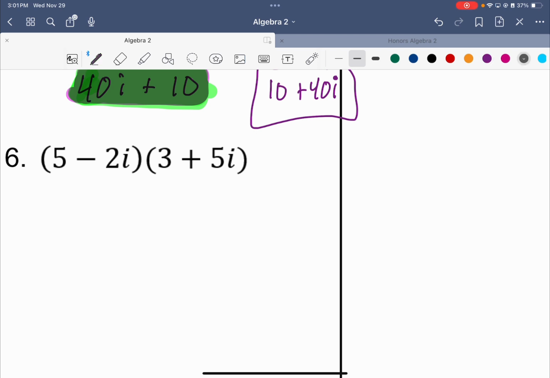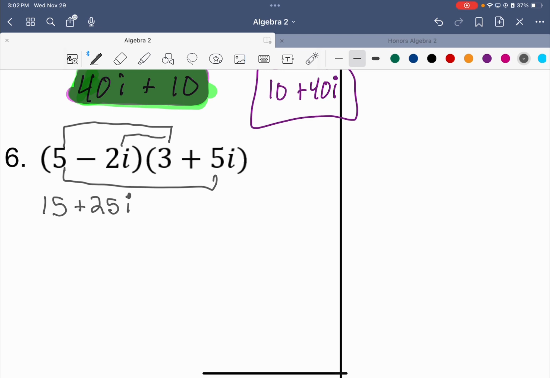We're still going to do what we did when we had these before, FOIL. First, 5 times 3 is 15. Outside, 5 times negative 5i. 5 times 5 is 25, so that's 25i.